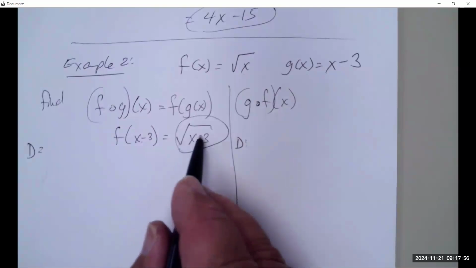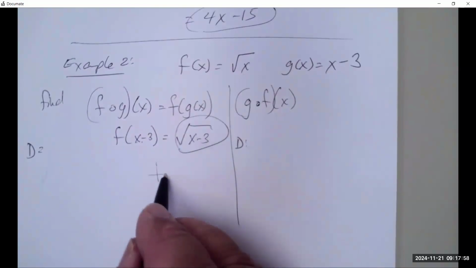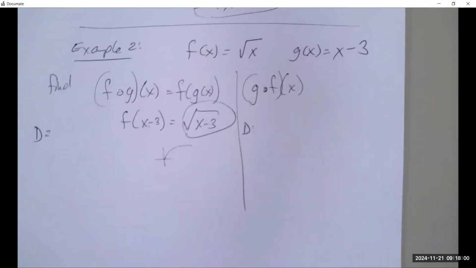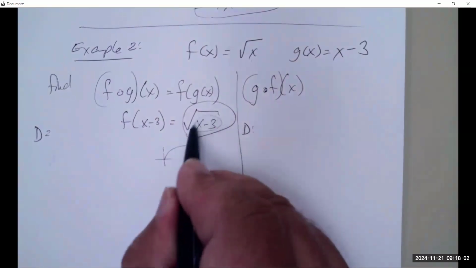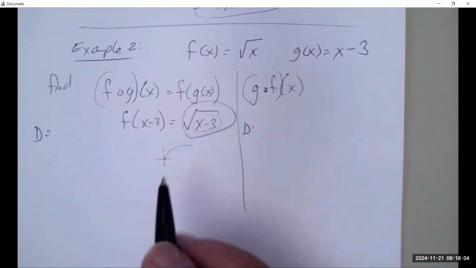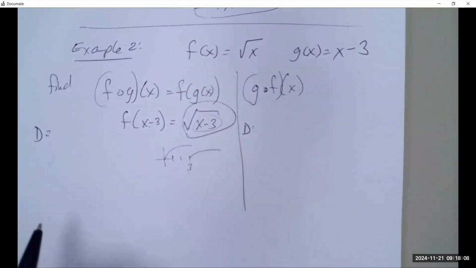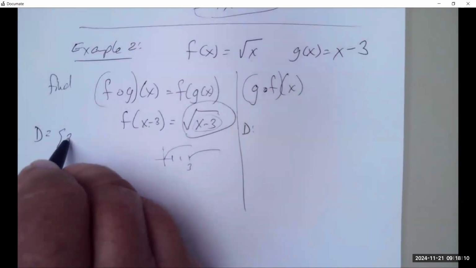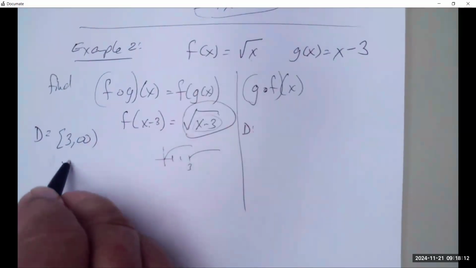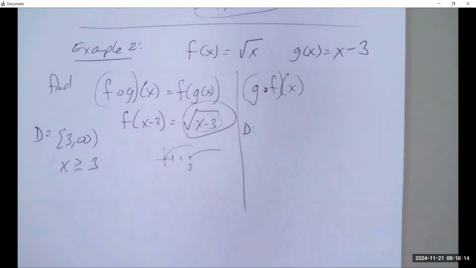Well, what's the graph of square root? Starts from 0. If I shift it, what direction is this going? It's to the right. So my domain is x is greater than or equal to 3.